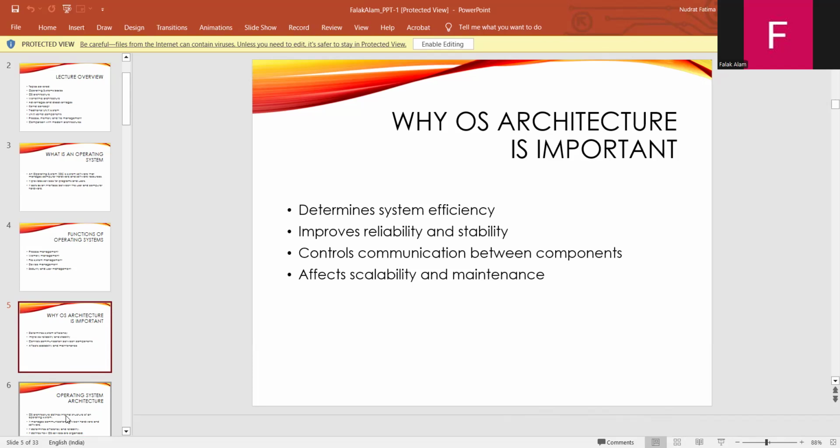A well-designed operating system architecture improves system efficiency, reliability, and maintainability. The more well designed it is, the more efficiency, reliability, and maintainability it will provide. Let us take an example. If the architecture is well structured, developers can easily update and modify individual components without affecting the entire system.